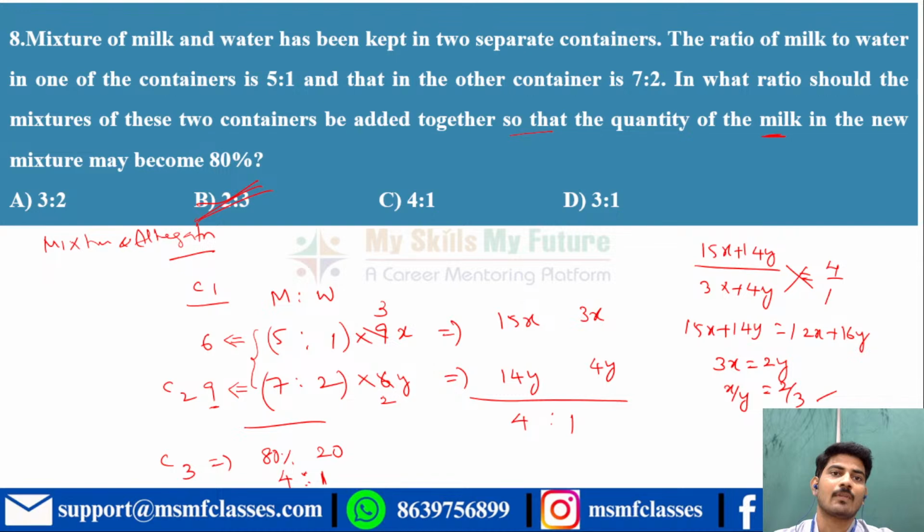I hope you are clear with this problem. In the exams, not all the questions are easy. Okay, Soumya has answered correctly. 2:3 is exactly the correct one. In the exam, we don't get only easy questions. Sometimes we get tricky, medium level or difficult level questions in order to eliminate candidates and filter out the students for the next stage.